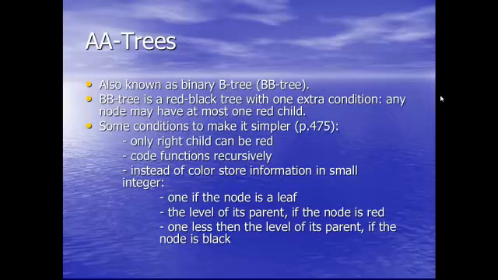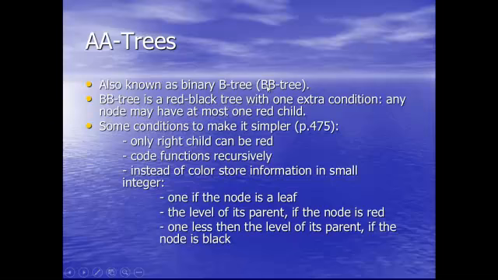Any red-black tree can be converted into an AA tree by translating its color structure to levels such that the left child is always 1 level lower than its parent and the right child is always at the same level or 1 level lower than its parent.